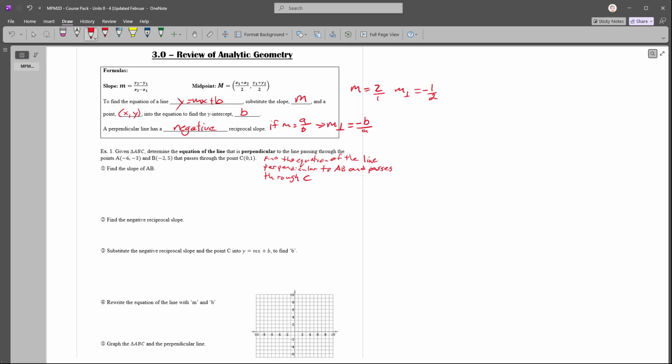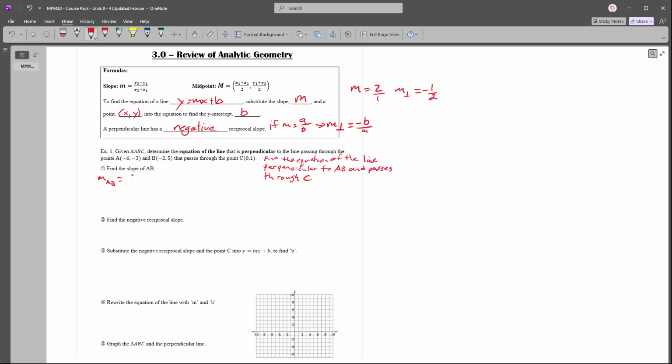So we know if it's perpendicular to AB, that means its slope is the negative reciprocal of AB's slope. So the first thing we're going to do is find the slope of AB. So we want to find little m AB. Remember, this is rise over run. Now, this is the line going from A to B. So x1, y1 applies to A, and x2, y2 applies to B. So keep this in mind when you're applying the slope equation up here at the top.